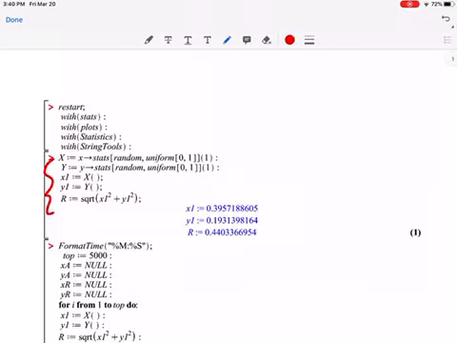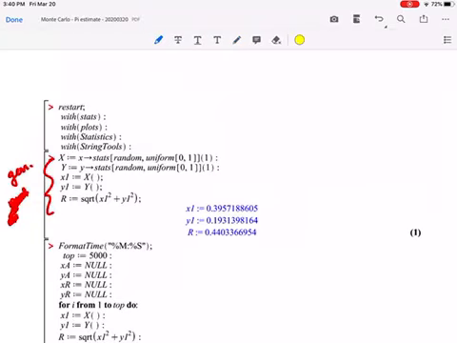Okay, here we go. So this is generating random numbers. Generating, let's see. Oh, okay. So I'm not that expert at this.